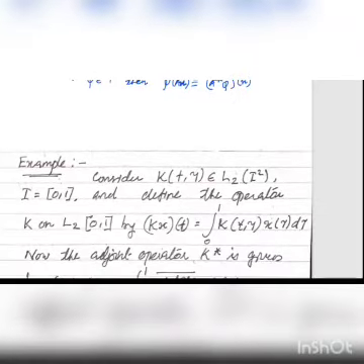So example, consider k of t, tau belongs to L2 of I2, I equal to closed interval 0 1, and define the operator k on L2 of closed interval 0 1 by kx of t equal to integral 0 to 1 k of t tau into x of tau d tau.